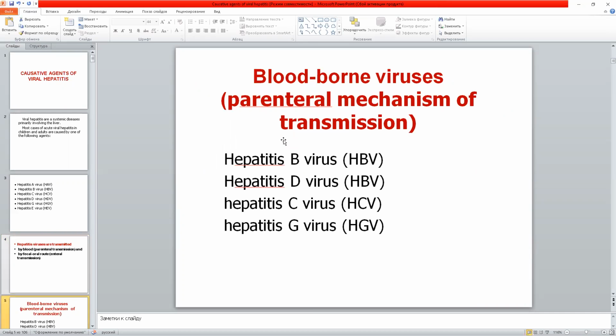Blood-borne viruses, parenteral mechanism of transmission. What are they? They are hepatitis B virus, hepatitis D virus, hepatitis C virus, and hepatitis G virus. Exactly, they are connected. Then I will explain why B and D and C and G, there is connection between them.